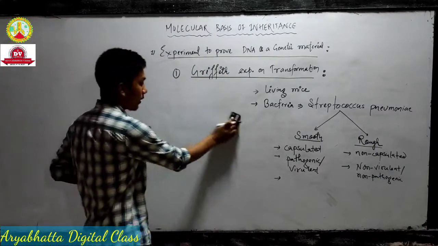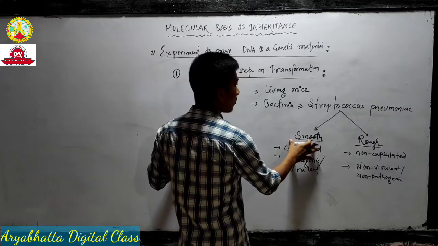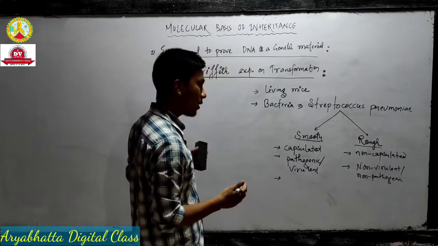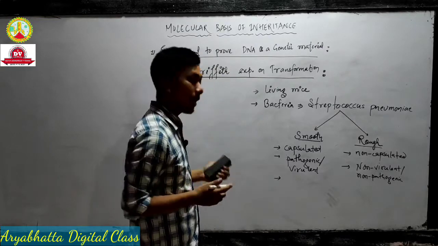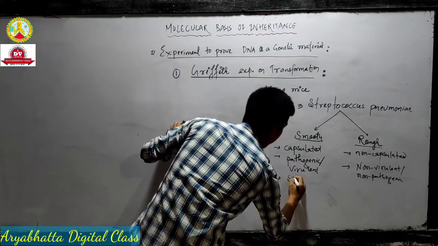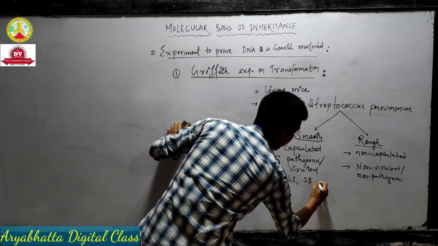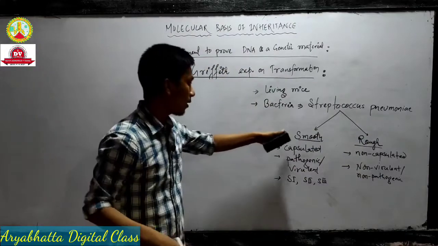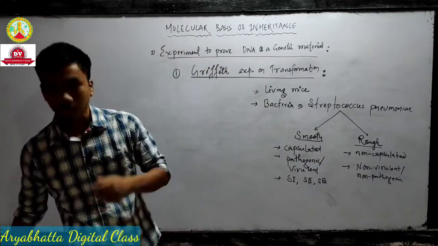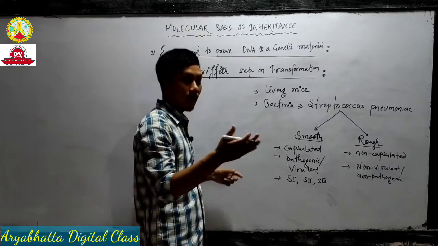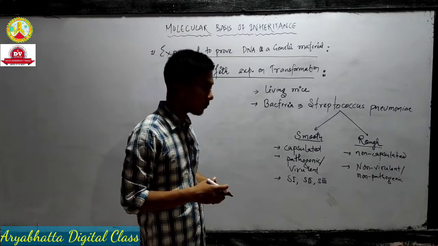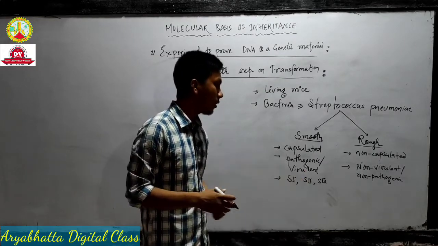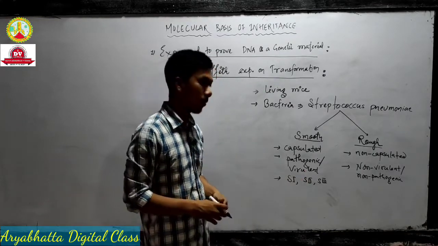So Griffith extracted various smooth Streptococcus pneumonia and put them in separate petri dishes. He gave them names: strain 1, strain 2, strain 3, strain 4, 5, 6, 7, and so on.